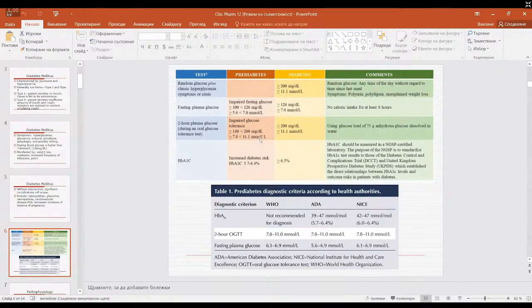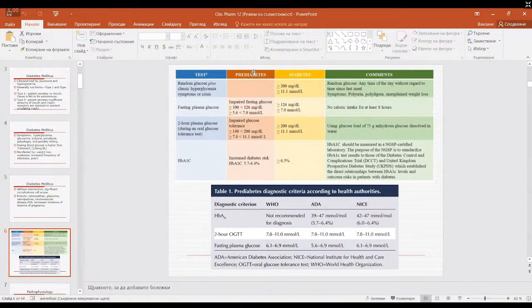Here is another very important table that maybe can help you during the exam, also if you know at least several important things that are written in this table.